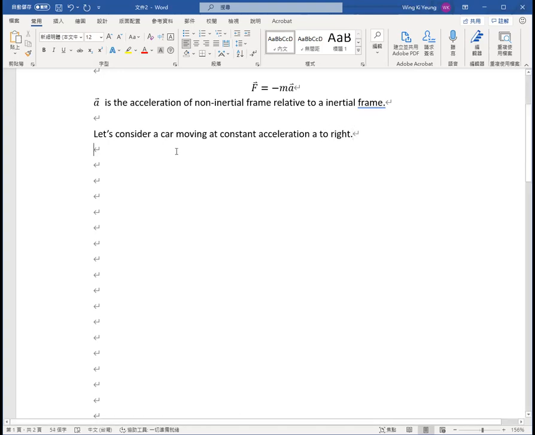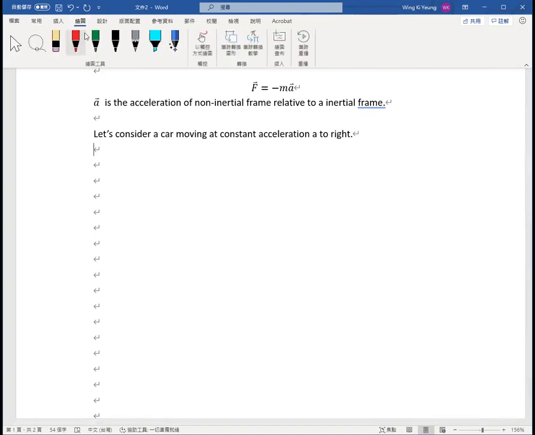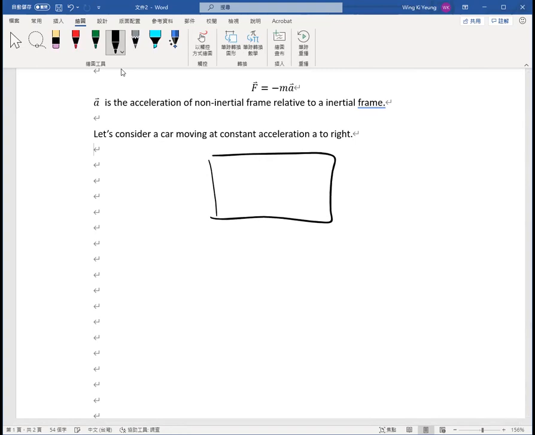Let me draw the car here. When the car is accelerating, you are an observer sitting in the car, so you are at rest relative to the car. And there is another object on the car, also at rest on the car.